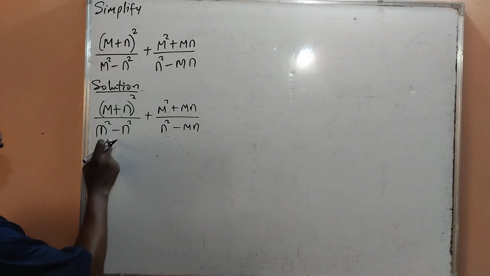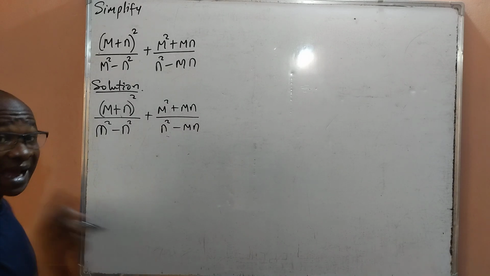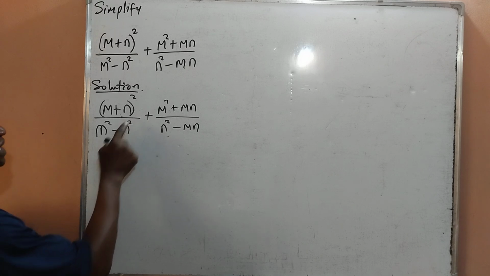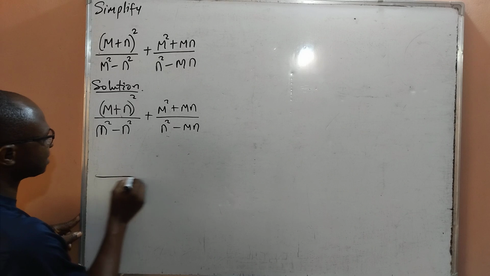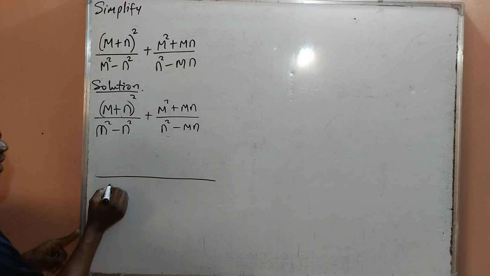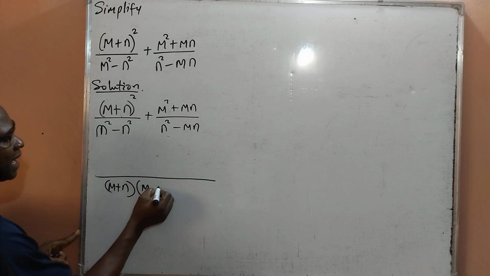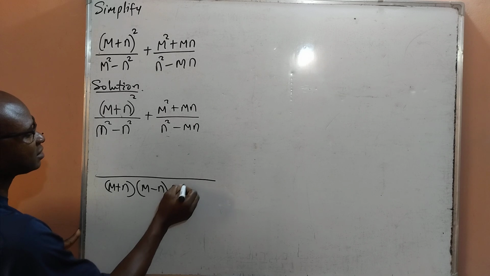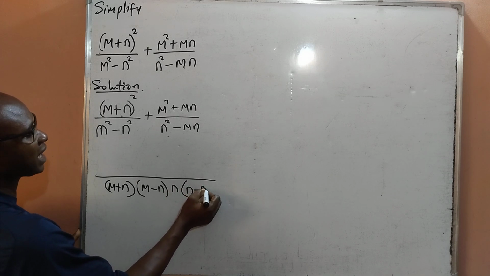First and foremost, I need to look for the LCM of the denominators. From the first expression, m squared minus n squared is actually a difference of two squares, meaning the LCM is going to be (m plus n) into (m minus n), then into n into (n minus m).